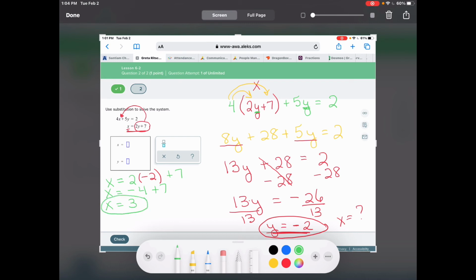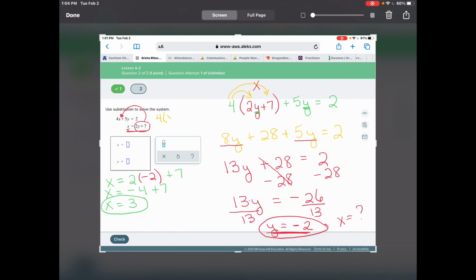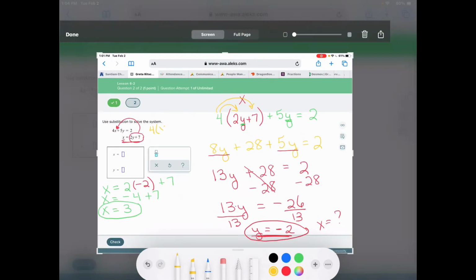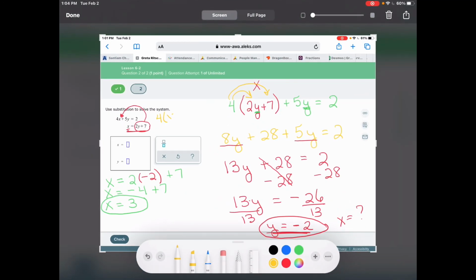Just for fun, I'm going to plug it into the other equation just to show you that it also works there. 4x plus 5 times negative 2 equals 2.